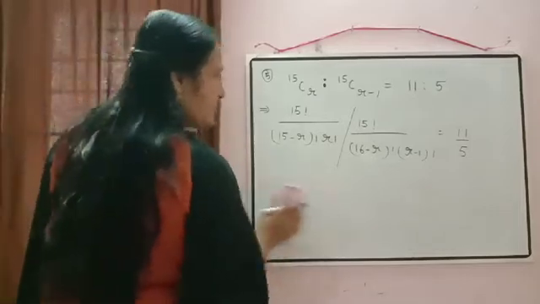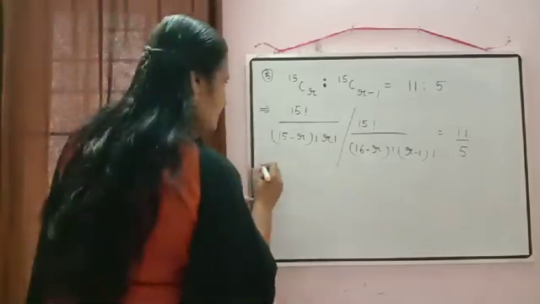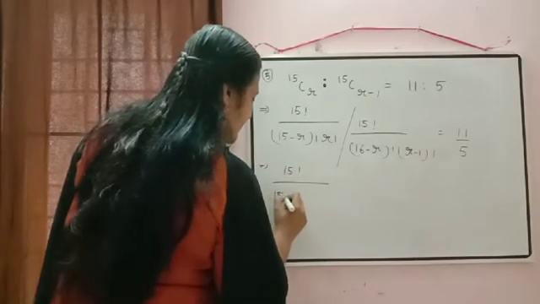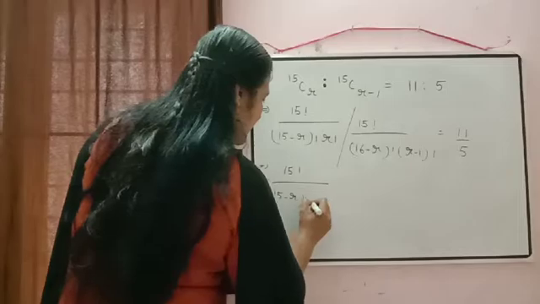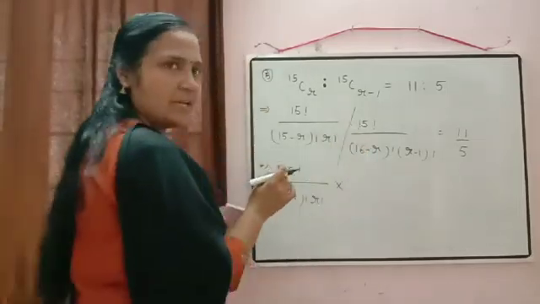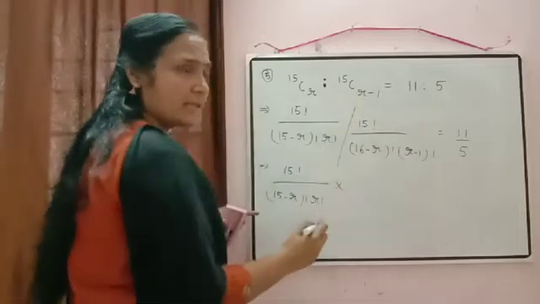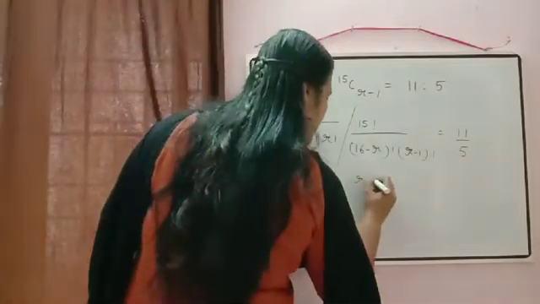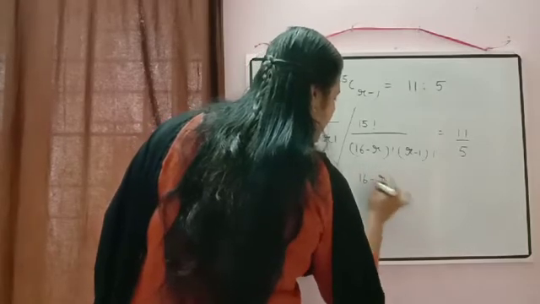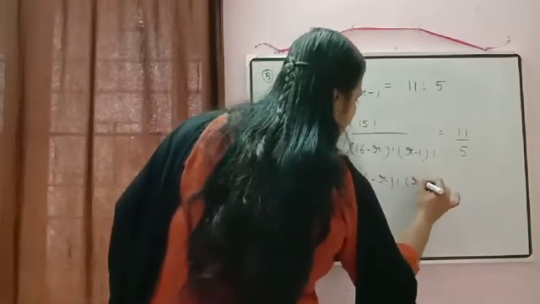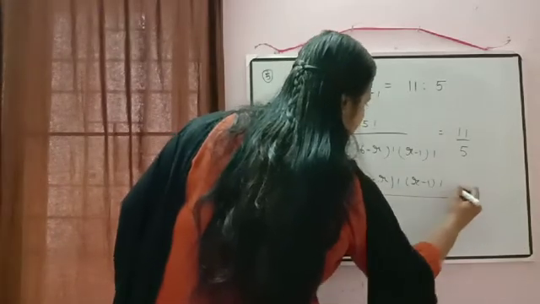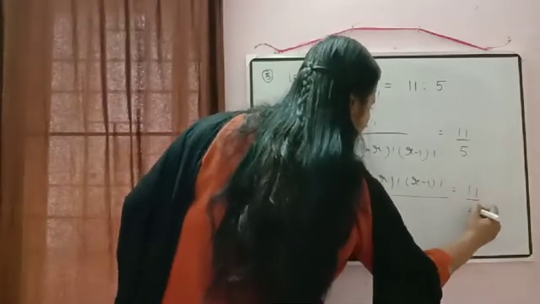Now what we will do? We'll change the division into multiplication. So 15 factorial by (15 minus R) factorial into R factorial into, when we change the division into multiplication, we have to take the reciprocal. So it will be equal to (16 minus R) factorial into (R minus 1) factorial by 15 factorial is equal to 11 by 5.